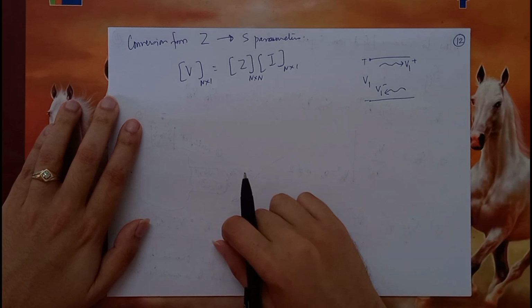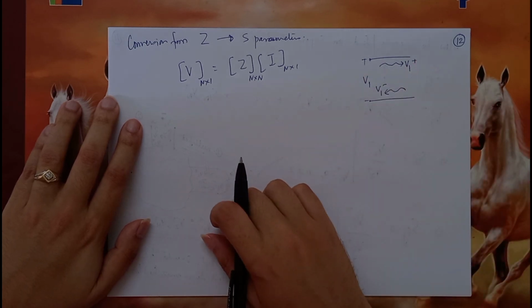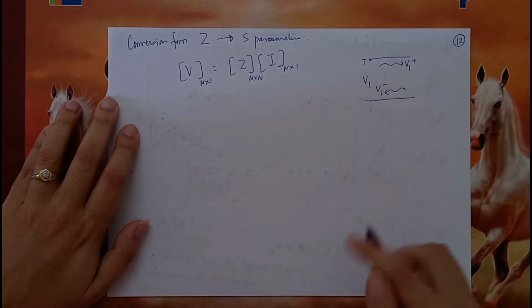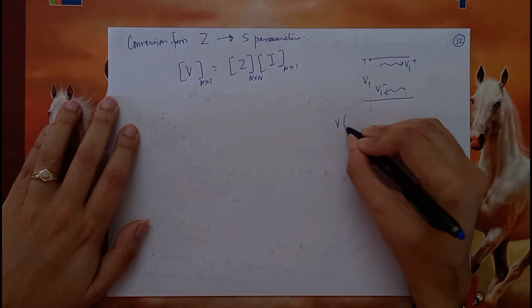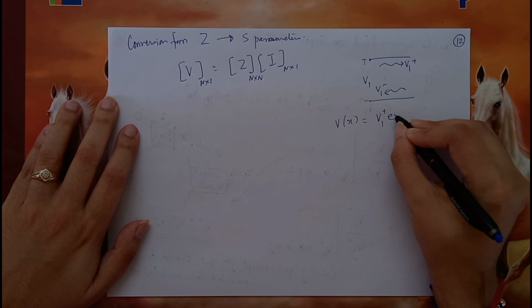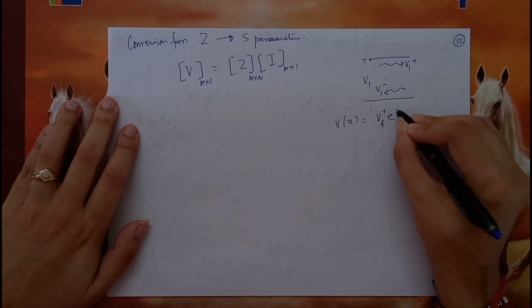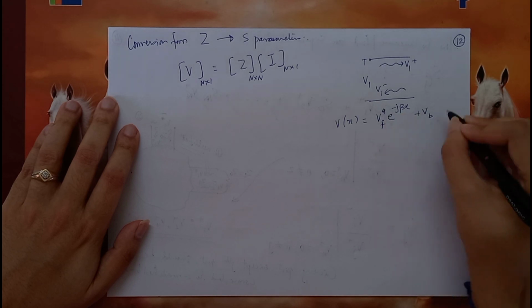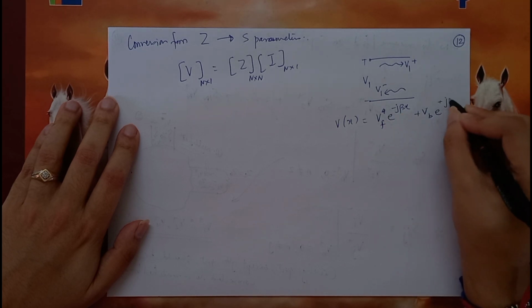So as per the telegrapher's equations, or as per the solutions for the voltage on the transmission line, we have established that V of x is equal to Vf e raised to minus j beta x plus Vb times e raised to plus j beta x.